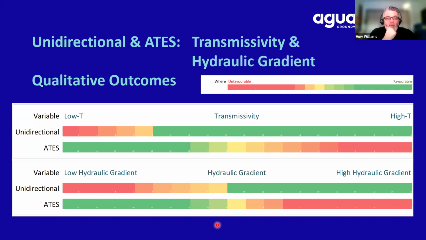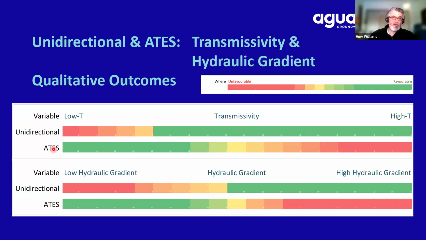When we have, in the top plot here, a low transmissivity, we have a unidirectional system which works poorly. However, as soon as we get to some sort of tipping point between transmissivity and pumping rate, we have the unidirectional system that has a very large Goldilocks zone. So it's more applicable to a wider range of transmissivity conditions within the aquifer.